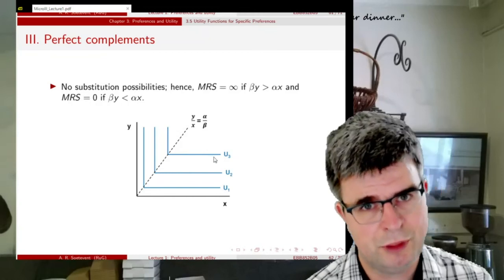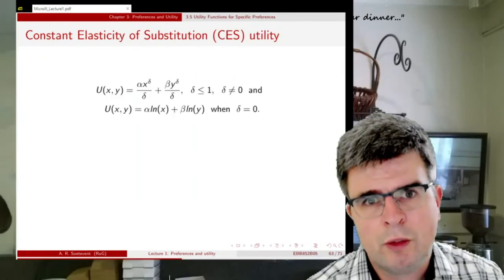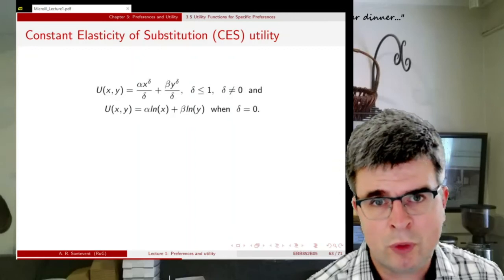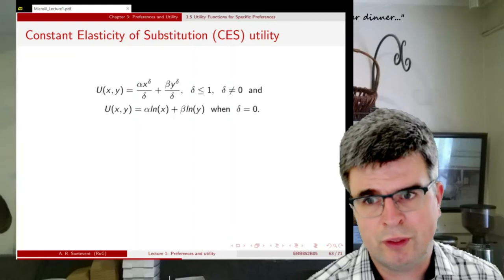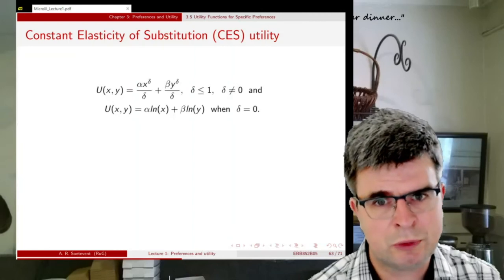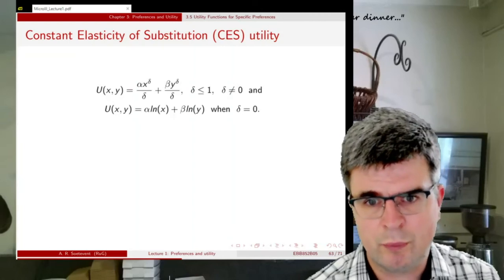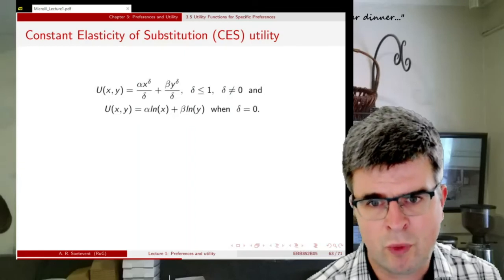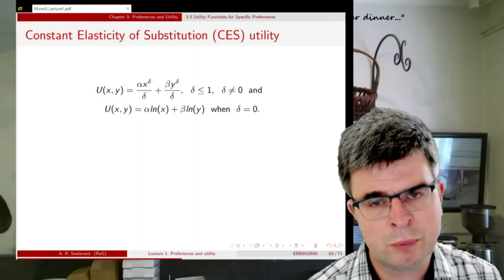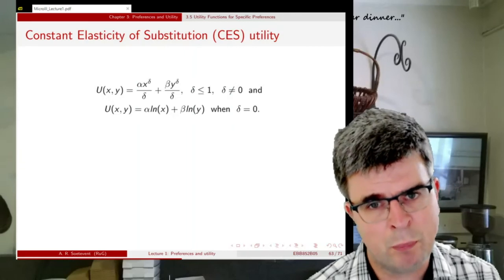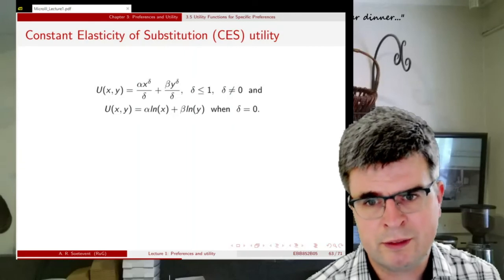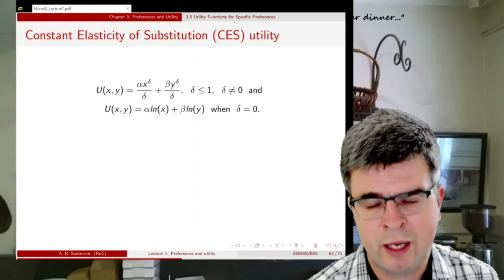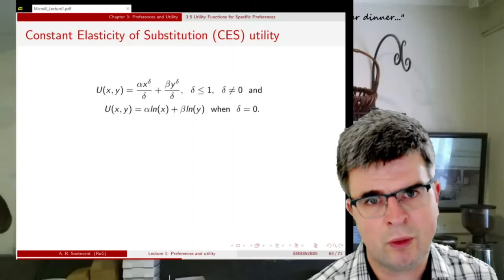The preceding utility functions are all special cases of the more general CES utility function, the constant elasticity of substitution utility function. And that utility function has the following form: for values of delta smaller or equal than 1, but unequal to 0, this is the form, and if delta is equal to 0, the CES utility function has this form in natural logarithms.